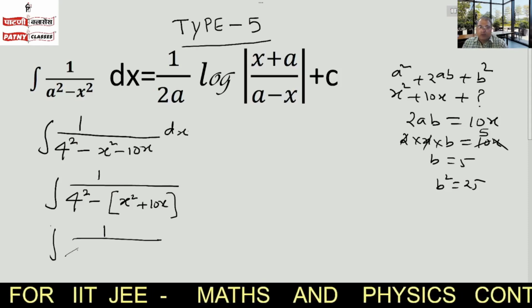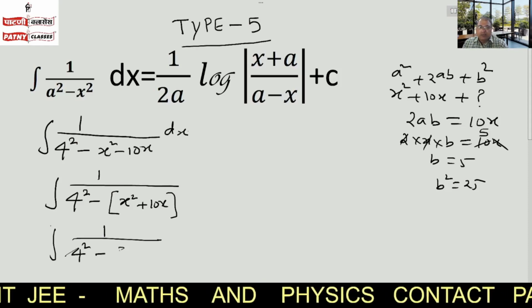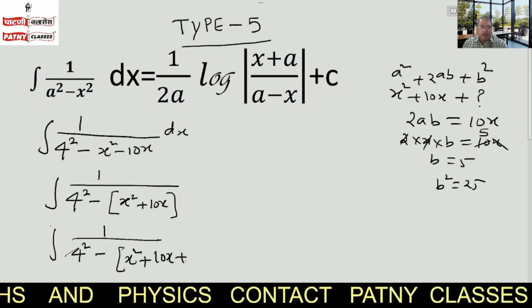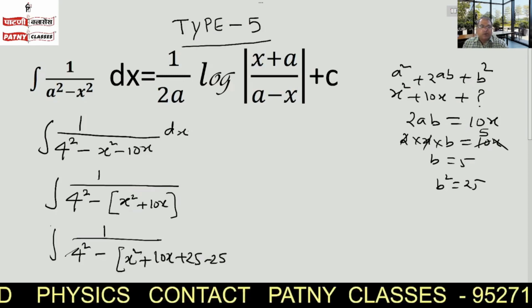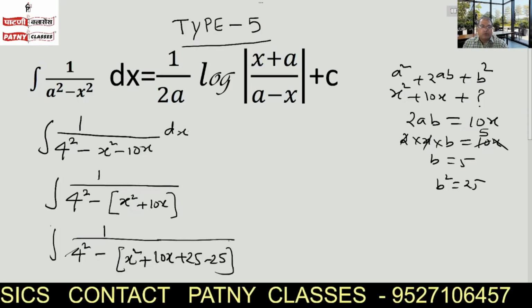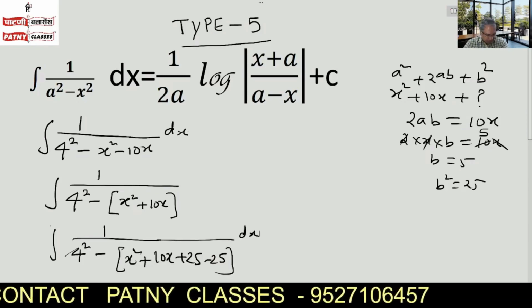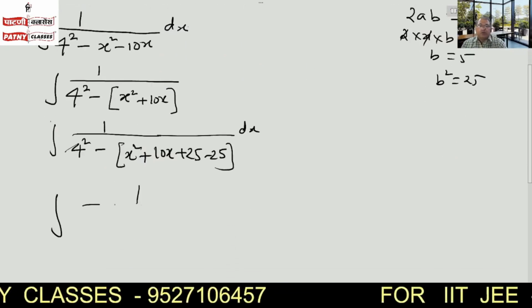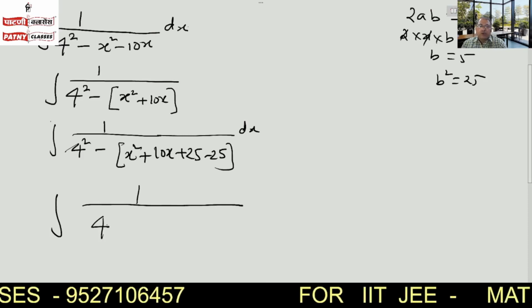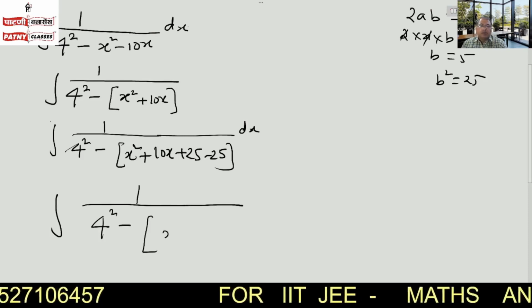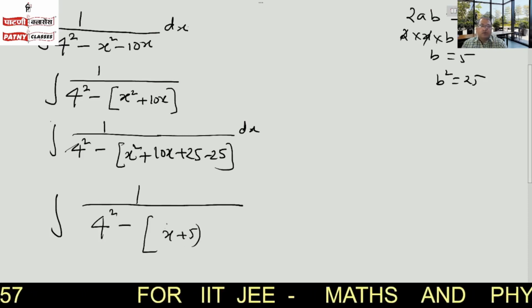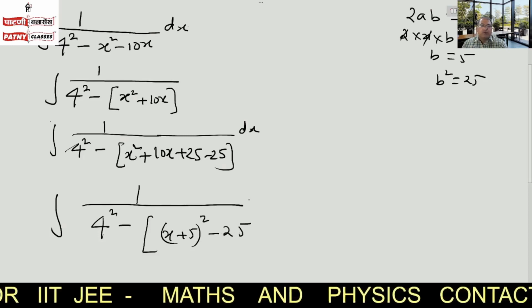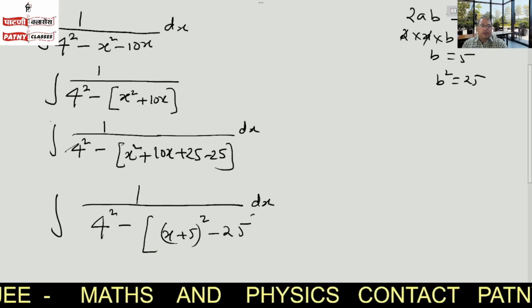So here 4 square minus x square plus 10x, adding 25 and subtracting 25 with respect to x. Integration 1 upon 4 square minus x plus 5 whole square minus 25 with respect to x.